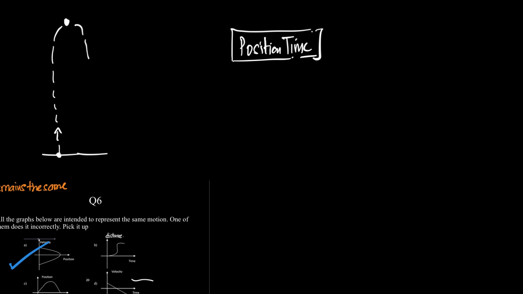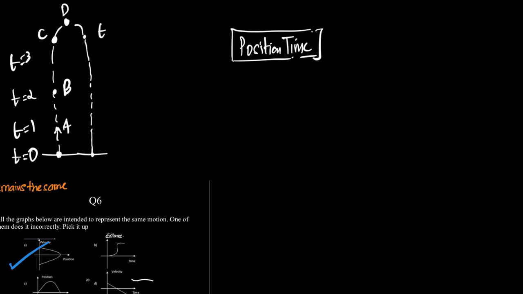maximum height, comes back. Let us say at t is equal to 0, the object was here. Okay. At t is equal to 1, the object is here at A. At t is equal to 2, the object is here at B. At t is equal to 3, the object is here at C. Then at D. At t is equal to 4, it is at E. At t is equal to 5, it is at C dash.